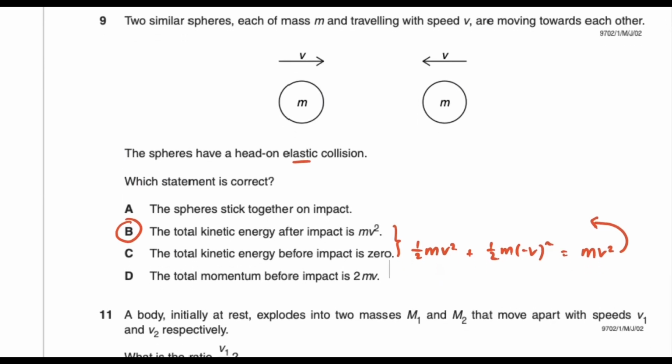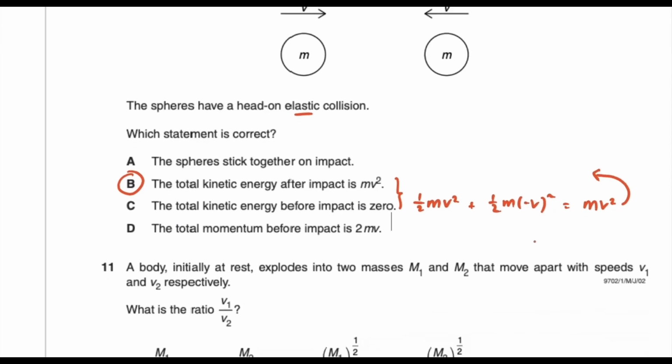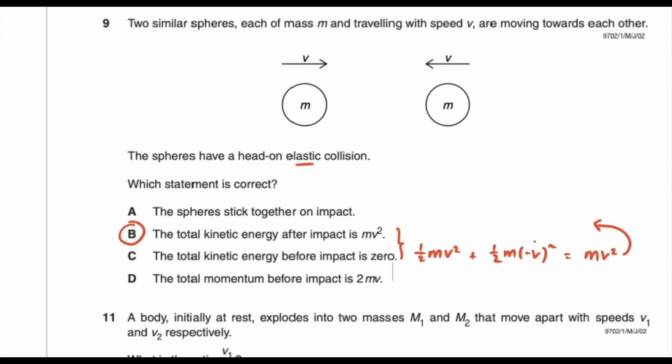The V here is velocity, but kinetic energy is scalar. Yeah. It doesn't really matter, even if you put speed, you will still get the same answer because of the square. Yeah, I forgot about the square. So that's why. Okay, so B at the end.